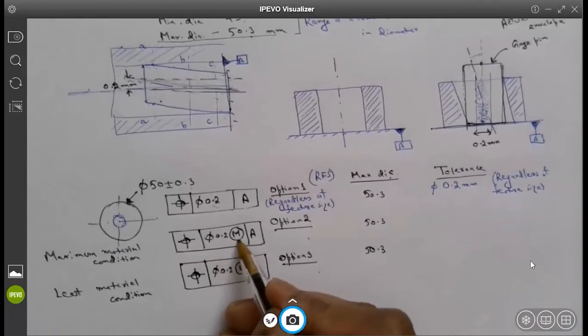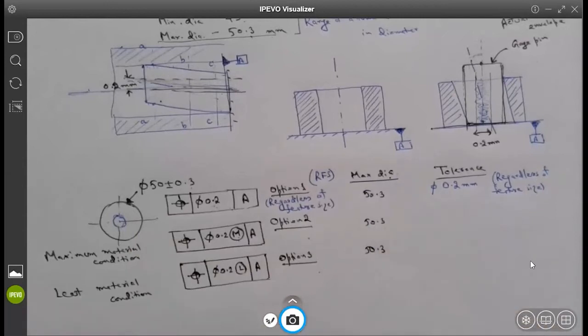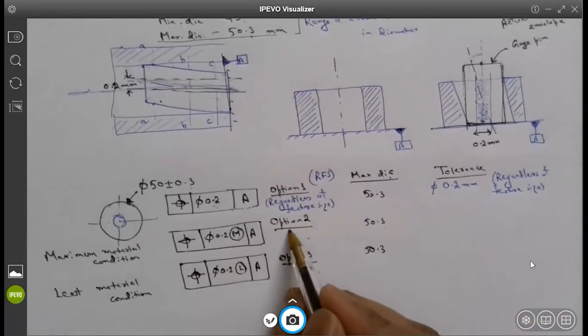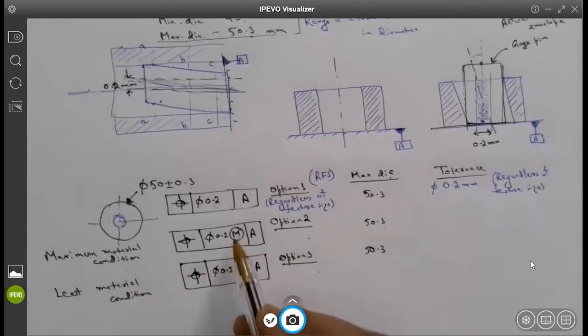Now, coming to this, what does this M stand for? Maximum material condition. Everybody agrees? Option number 2 has an M modifier here, which basically means maximum material condition.